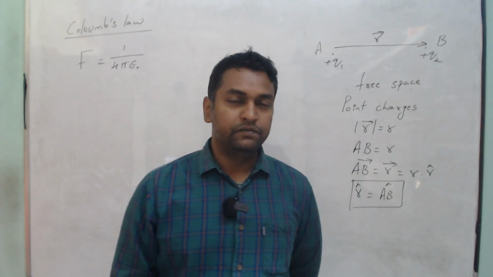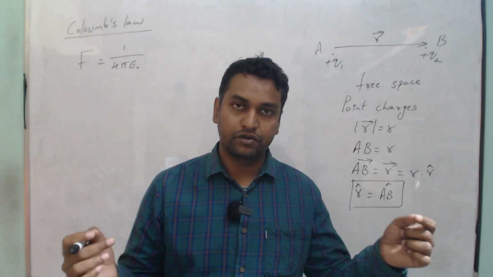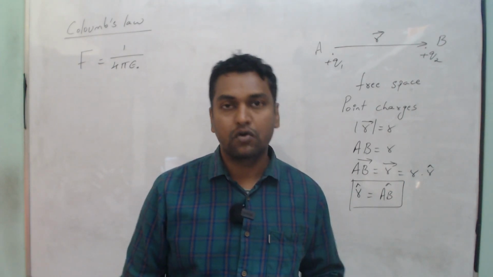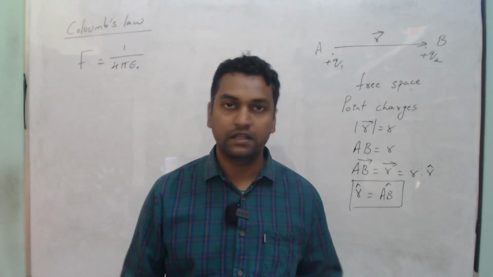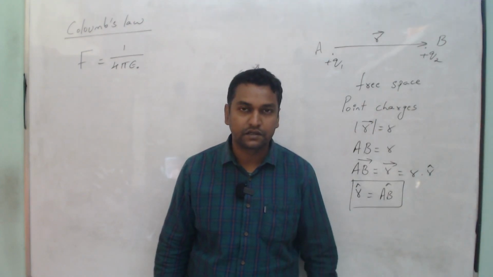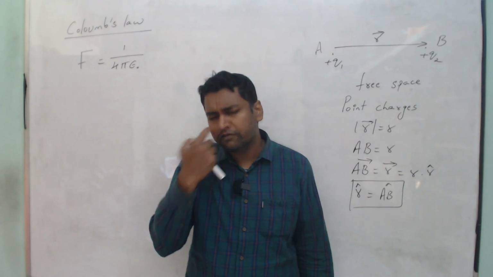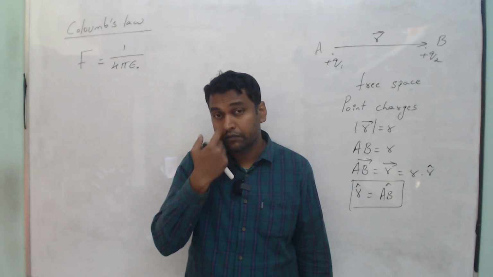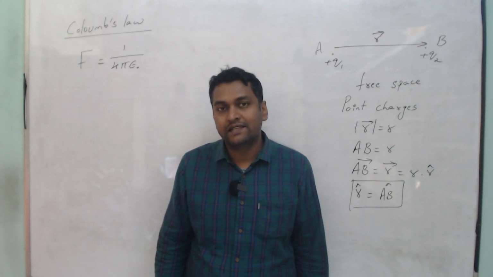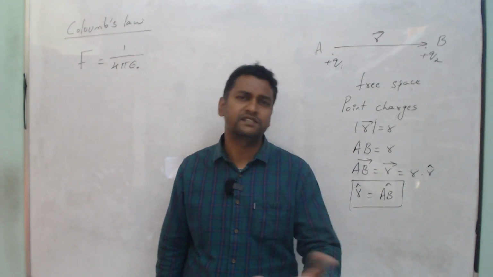What I mean is that we are not placing the charges here where there is air in between, neither are we placing the charges in oxygen, nitrogen, or anything. Literally there is nothing over here, which is what we call free space. In vacuum, basically, we can say, where there is no material.